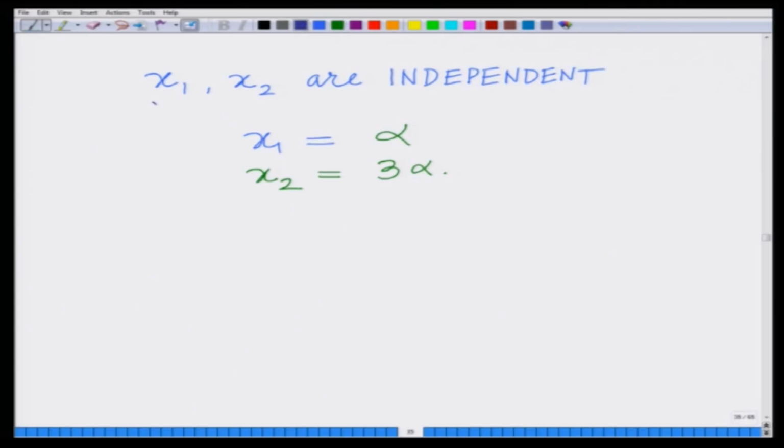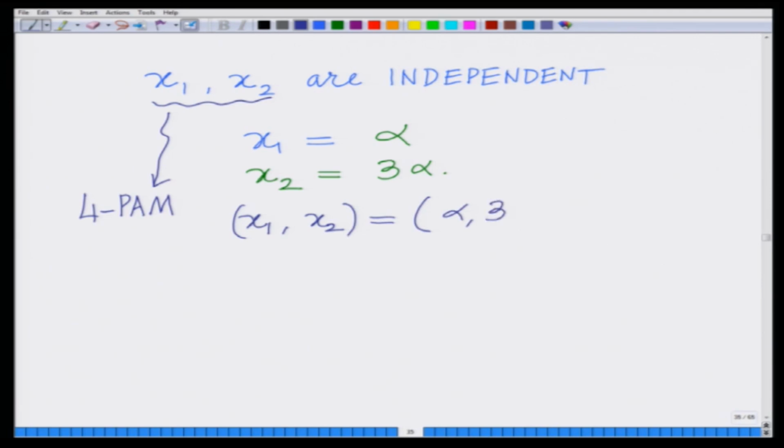So, these are generated independently and identically from our 4 PAM source. We are asking what is the probability that x1 comma x2 is equal to alpha comma 3 alpha, and the answer is as follows: the probability that x1 equals alpha and x2 is equal to 3 alpha.